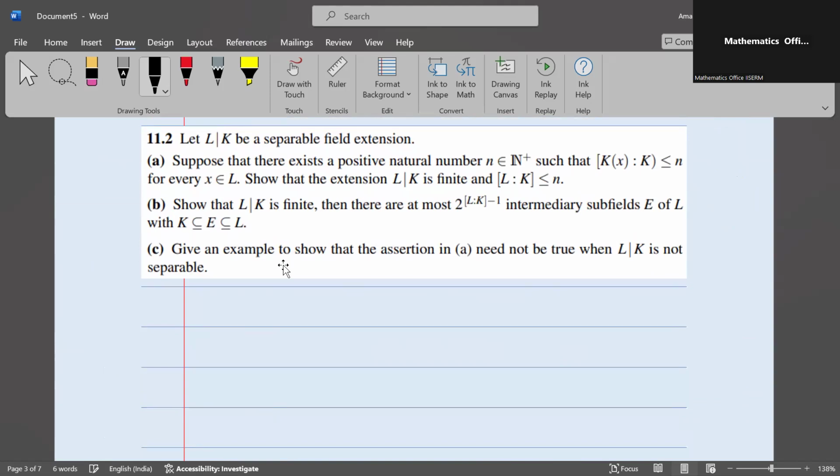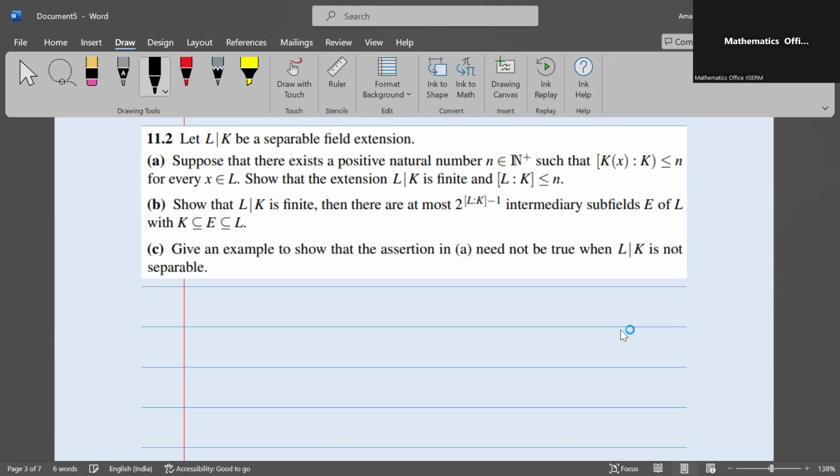Okay, so in the second question, what we are seeing is L over k a separable field extension, and suppose that there exists a positive number n such that for every x in L, the degree of k(x) over k is less than or equal to n.